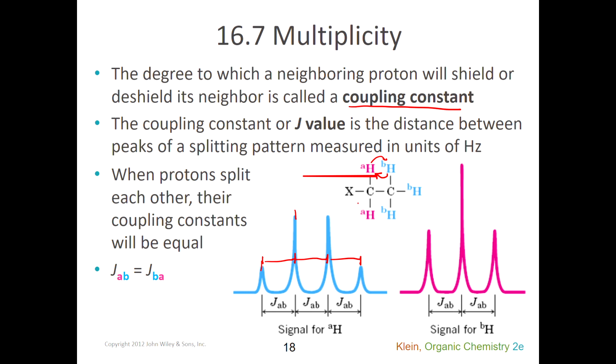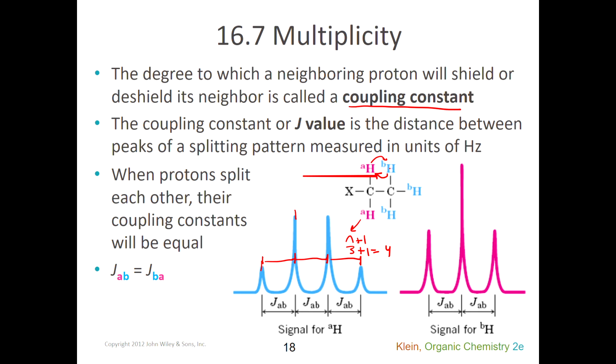So if we're looking at the signal for A, we can apply the n plus 1 rule. A is equivalent to A, so they're not splitting one another, but A is split by B, and there are 3 hydrogens of type B splitting it. And that's why I see a quartet, 4 signals, and they're all the same distance apart from one another.